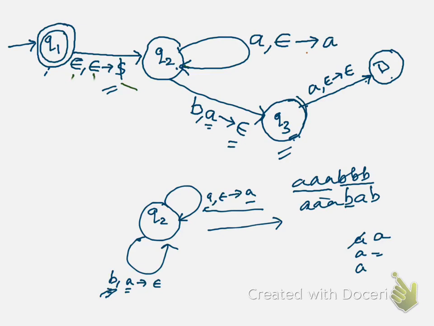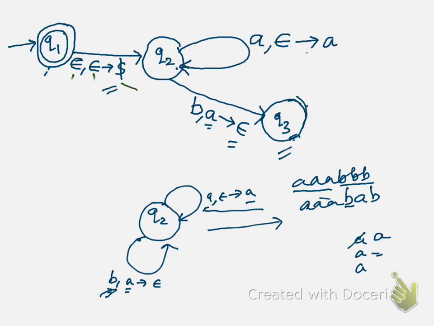But since it's a non-deterministic machine, if something moves to the dead state, we need not write it explicitly. So if from Q3 you do not find any transition for the case when your input tape consists of A, it actually means that you are moving to the dead state.